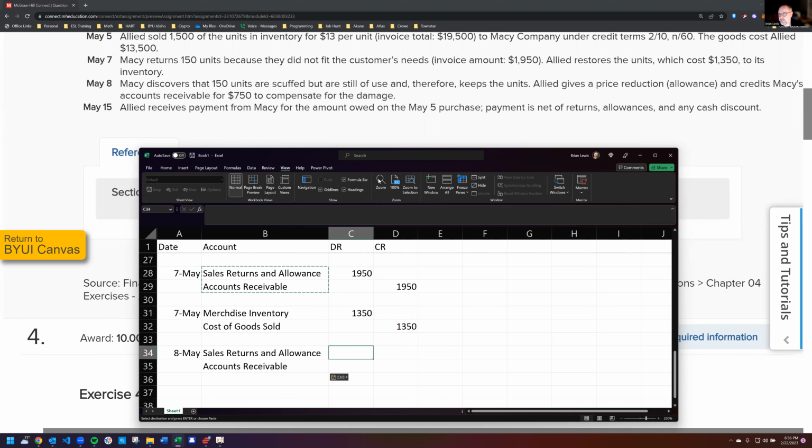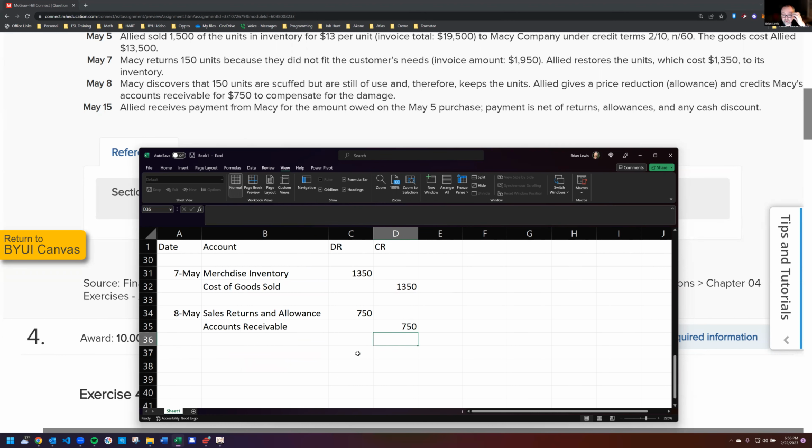So on this one then, we're going to do scuffed, gives a price reduction, which is an allowance, credits receivable for 750. Okay, so you're reducing the receivable and you're debiting it to sales returns and allowances.